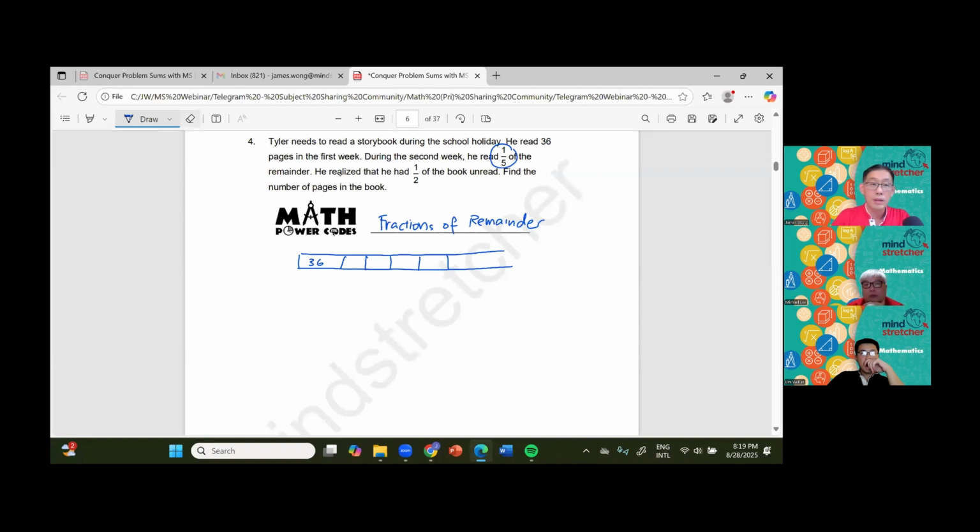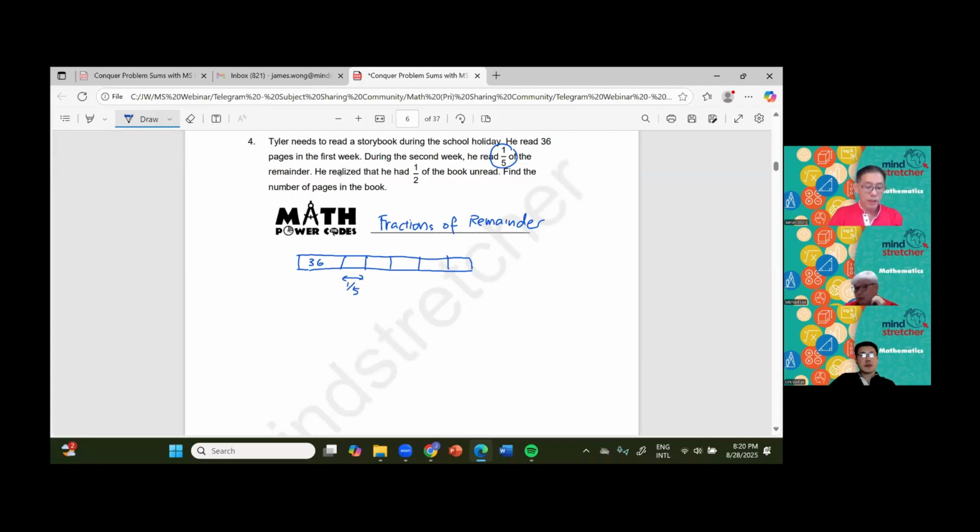Let me try again. It's a bit difficult to use freehand. So this is the 36 that was read in the first week, and this is the remainder, 1, 2, 3, 4, 5. This is what was read in the second week. This is the 1/5.